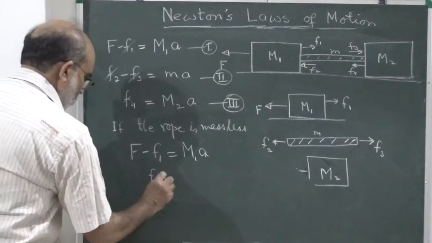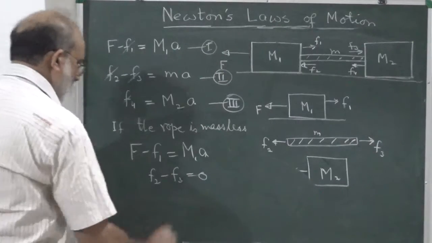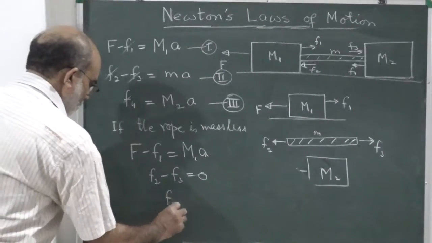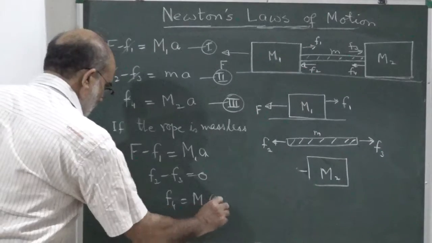Equation 2 becomes F2 minus F3 equals 0, and F4 equals m2a.